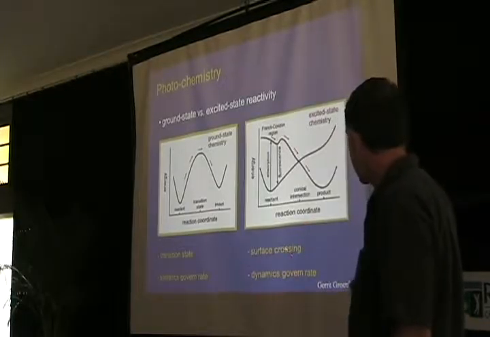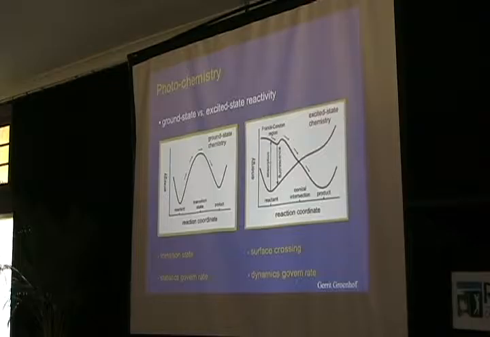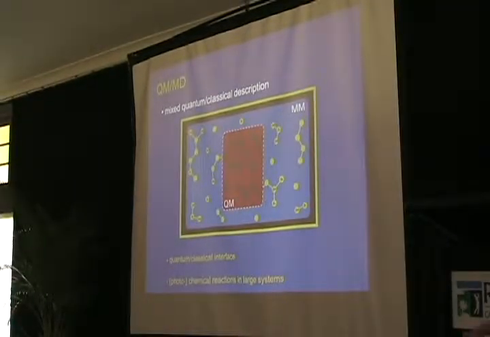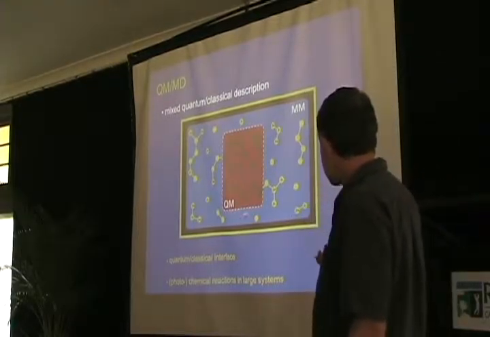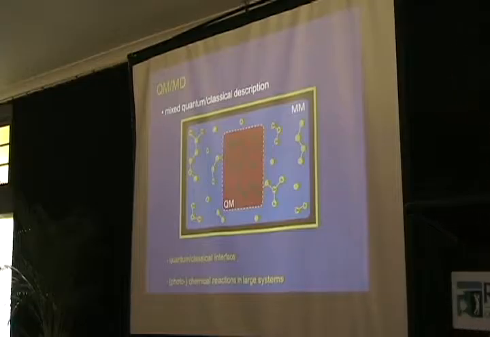And this is going to be governed both by the dynamics of the nuclei and also by how close these two surfaces come. So this is, of course, a mixed quantum classical simulation, where we have a small region of our system, because the activation, isomerization, is going to be a quantum mechanical process, embedded in our classical environment.